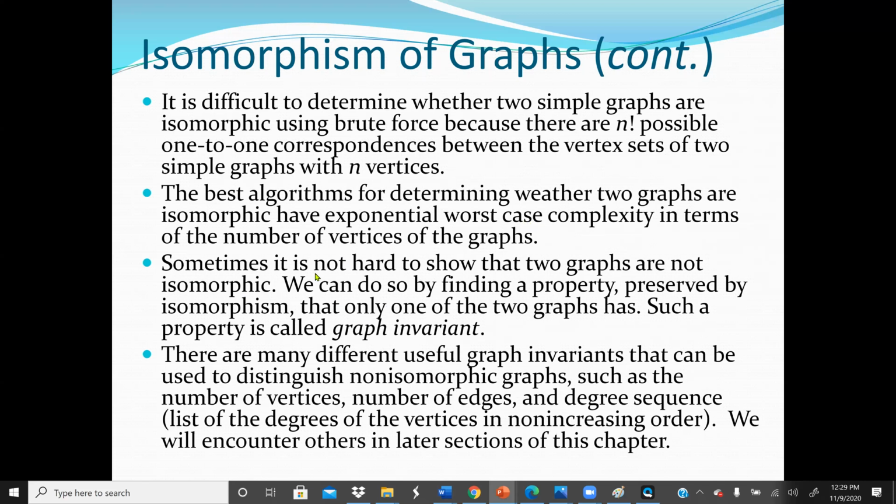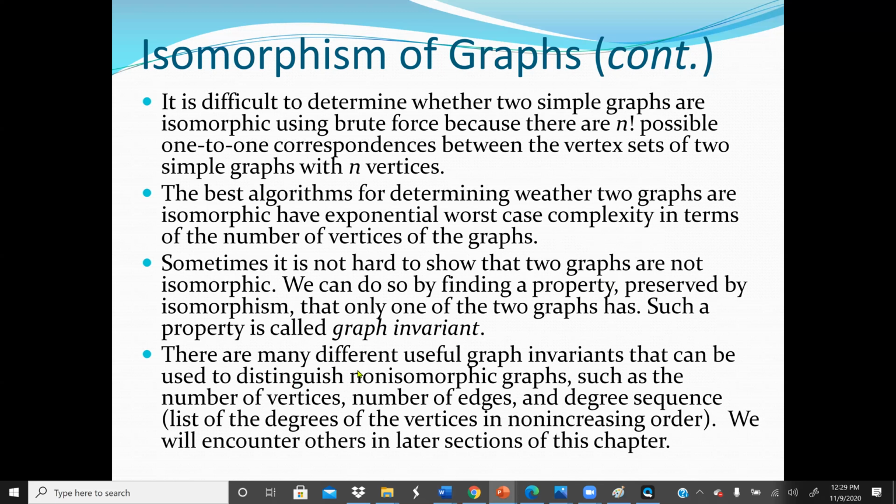Also, sometimes it is hard to show that two graphs are not isomorphic. We can do so by finding a property preserved by isomorphism that only one of the two graphs has. Such a property is called a graph invariant.